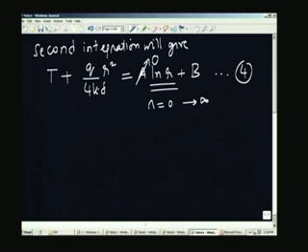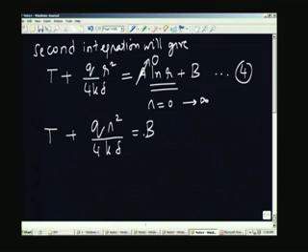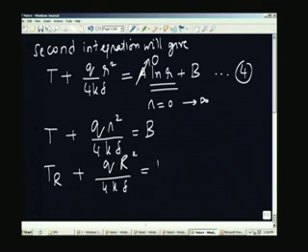Therefore T plus Q r squared by 4 k delta equal to B, that is the solution to the problem. I can also write the following: if you put r equal to capital R, I know that it is Tr plus Q R squared by 4 k delta is equal to B, right.